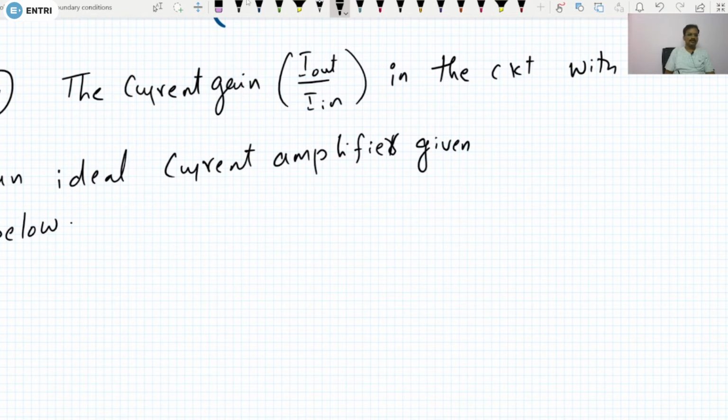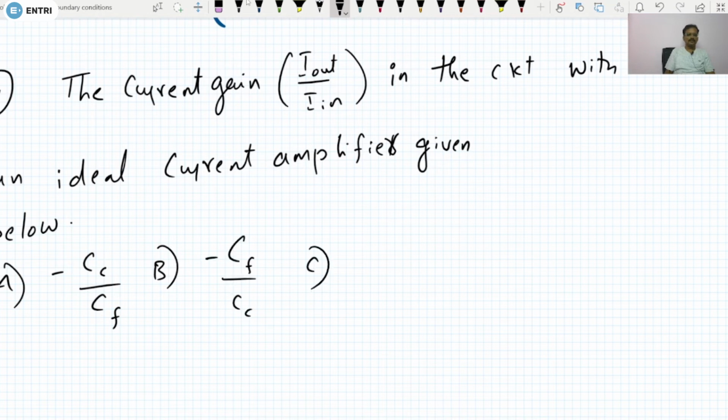Okay, so here they have given options: option A minus CC by CF, option B minus CF by CC, option C CC by CF, option D CF by CC.